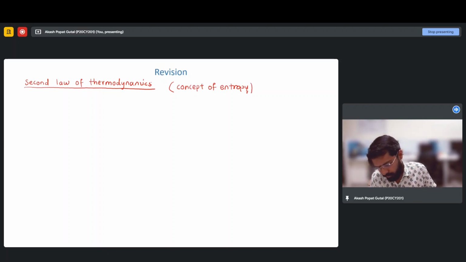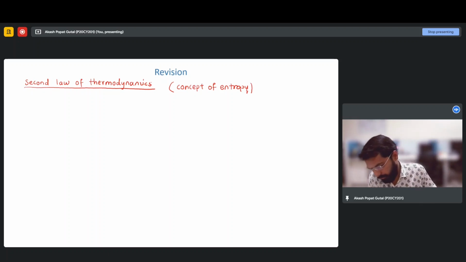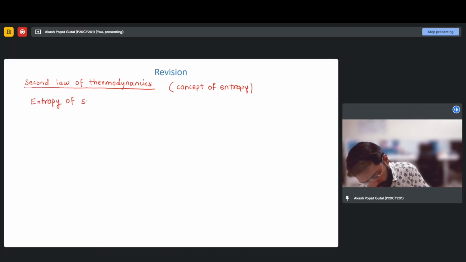The general statement of the second law of thermodynamics is the entropy of system and surrounding always increases.